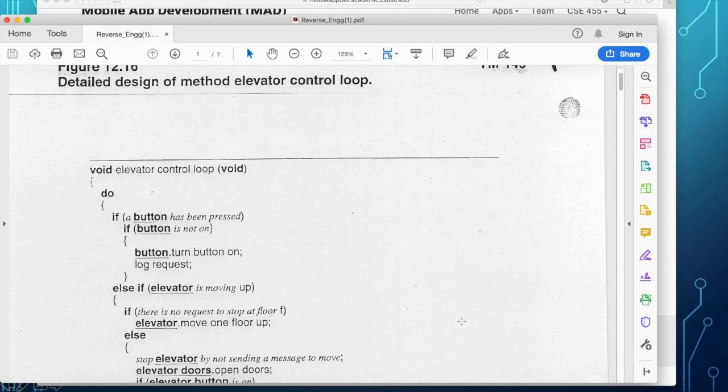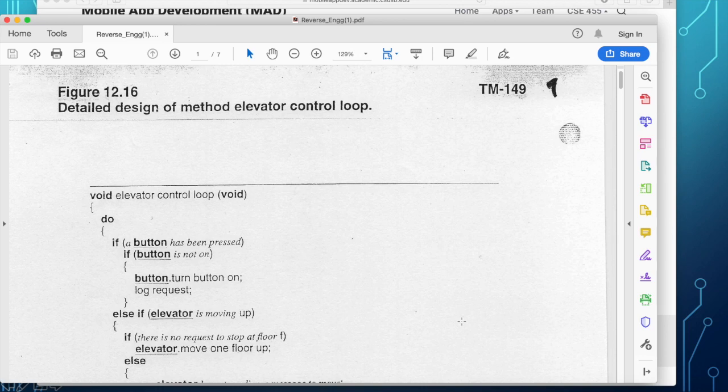Okay, if you remember, we talked about the elevator problem, and there is a method that is useful in the class for elevator control.